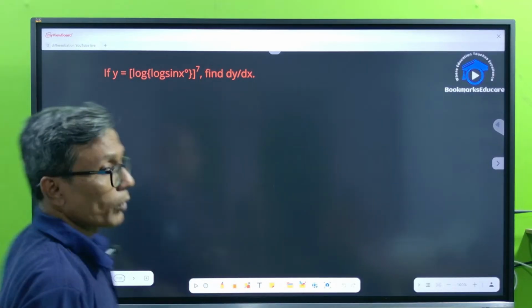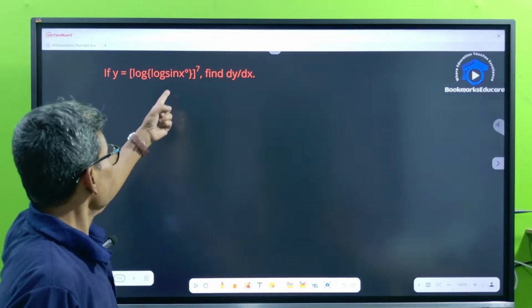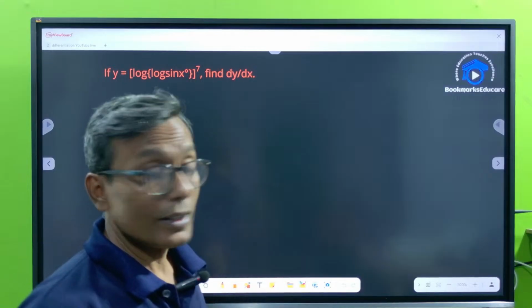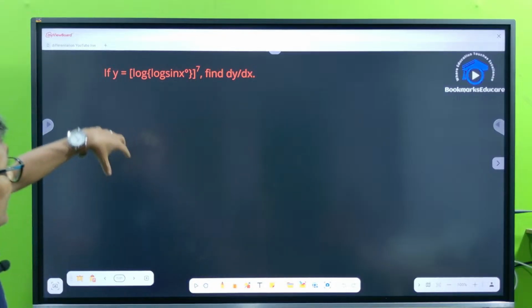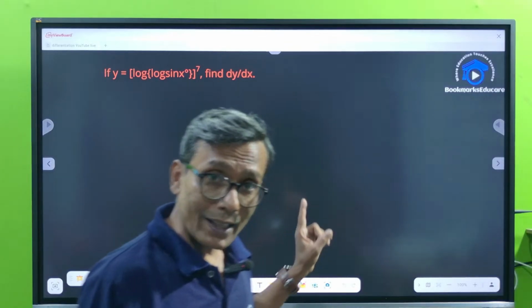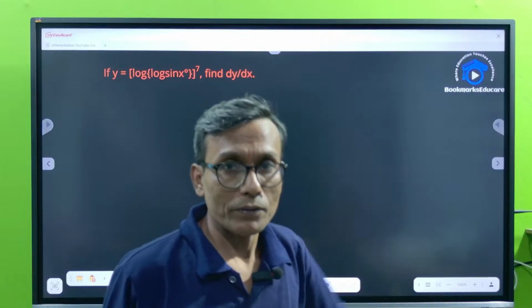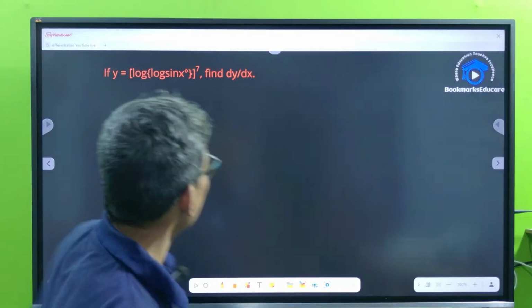So first of all, what I have said: whenever the angle is given in degree form, then we have to convert that angle into radian form.